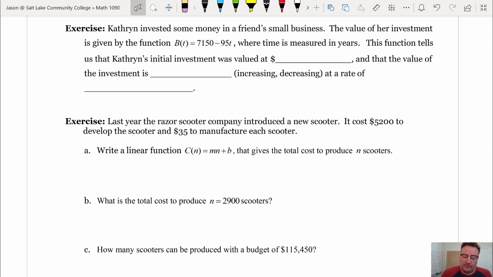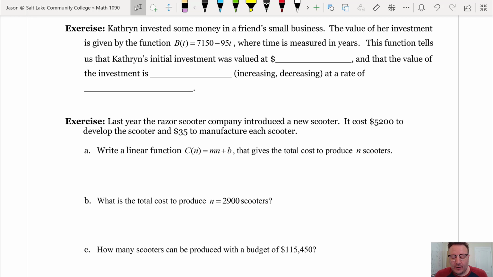Now this function is a linear function, and we're not using x here, we're using t as the independent variable. The y-intercept is 7,150. The slope is negative 95 here.